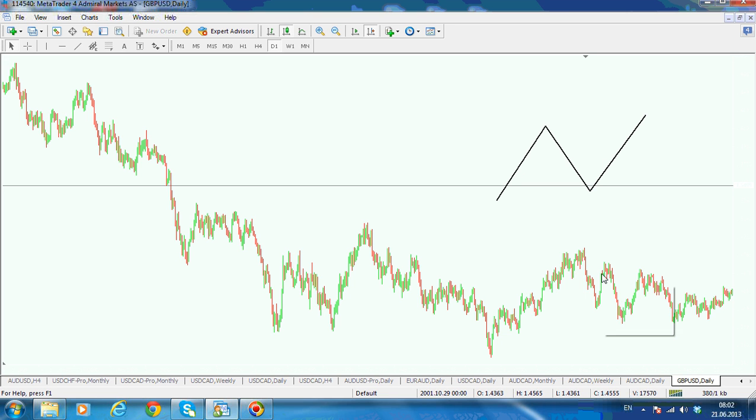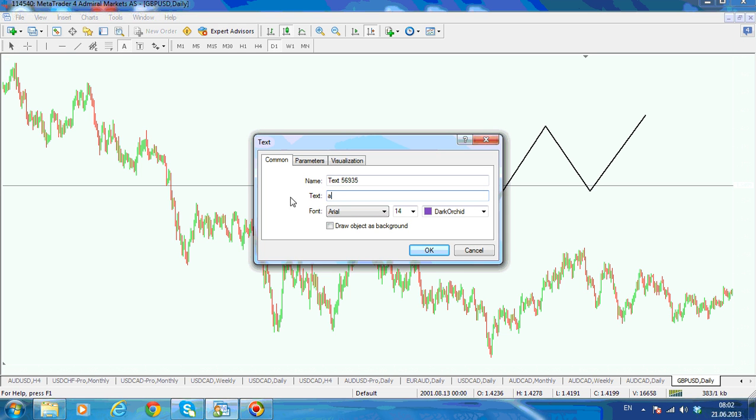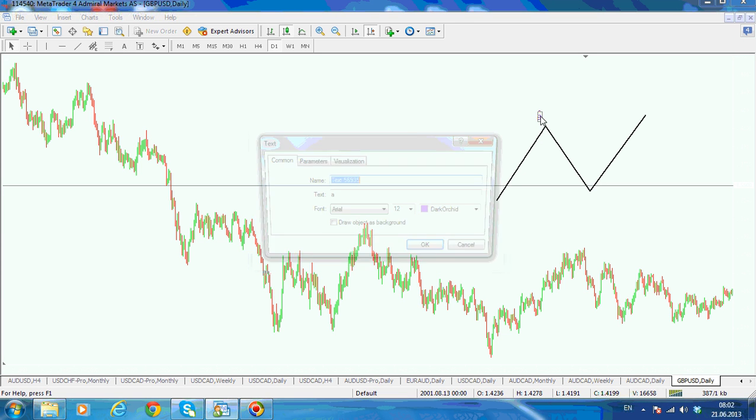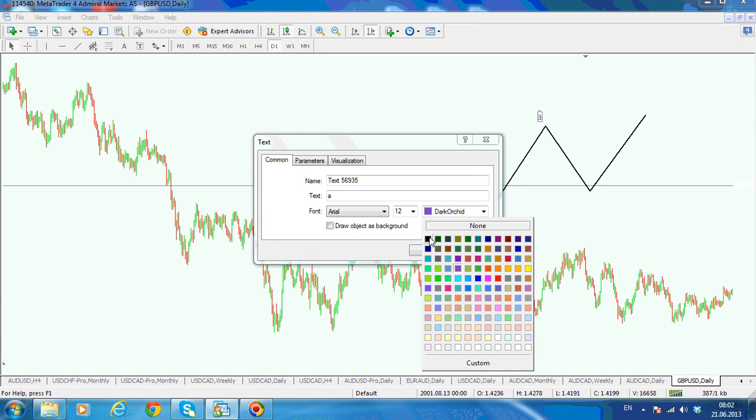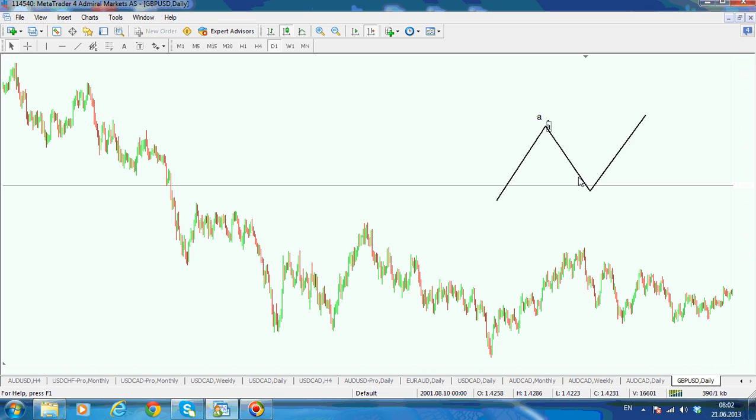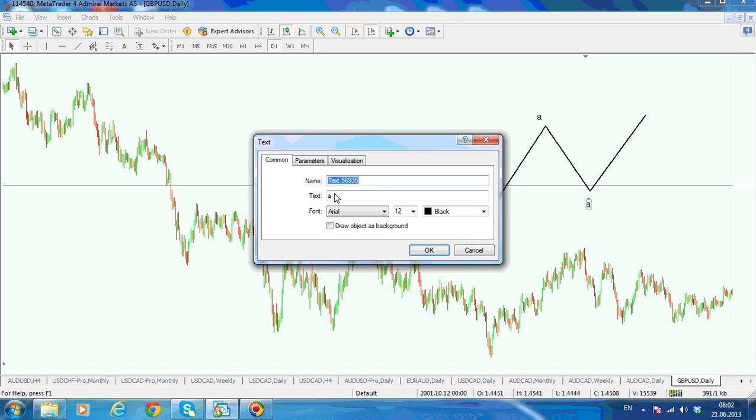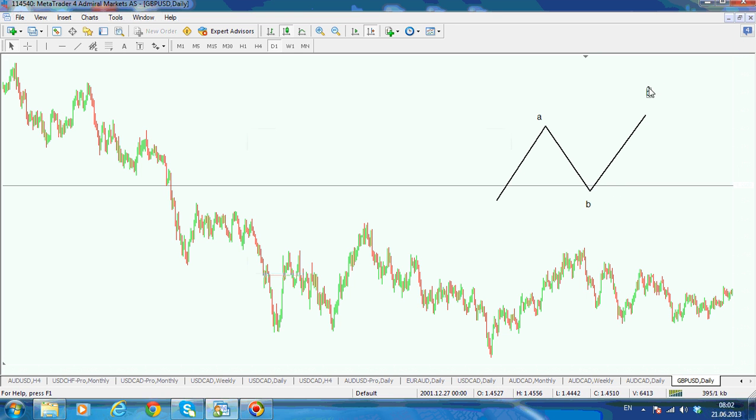So this is a typical interpretation for a flat, and this should be labeled as A. Let me change the color. So A, let's make it black. And B and C. So ABC.